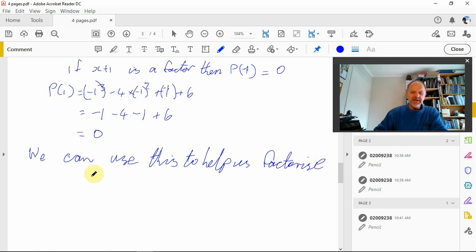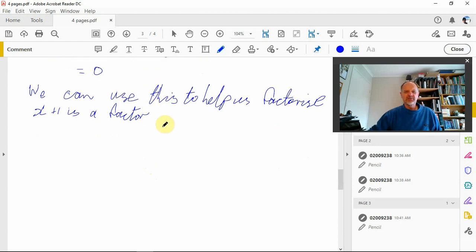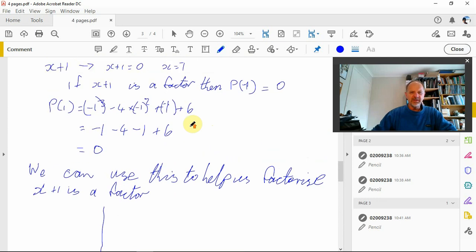All right, because now we know that x plus 1 is a factor. So what we could then do is go, all right, if x plus 1 is a factor, let's use some synthetic division.